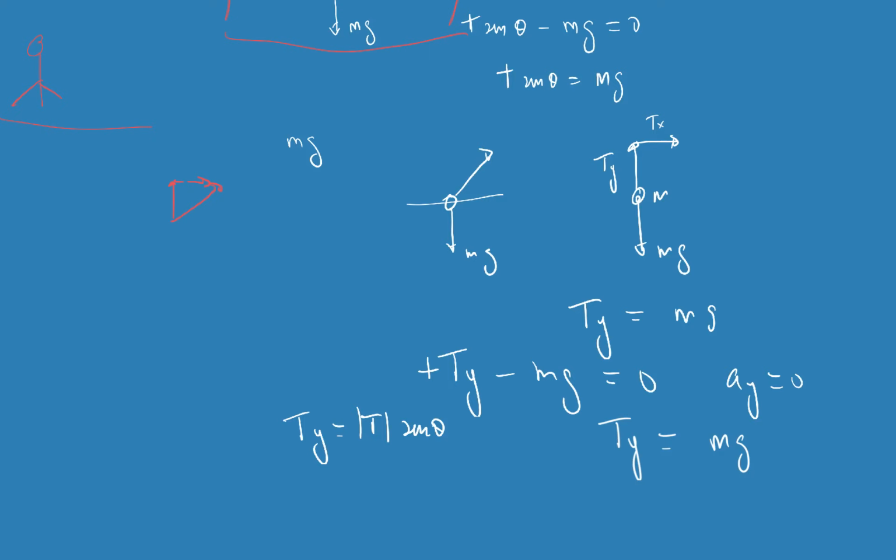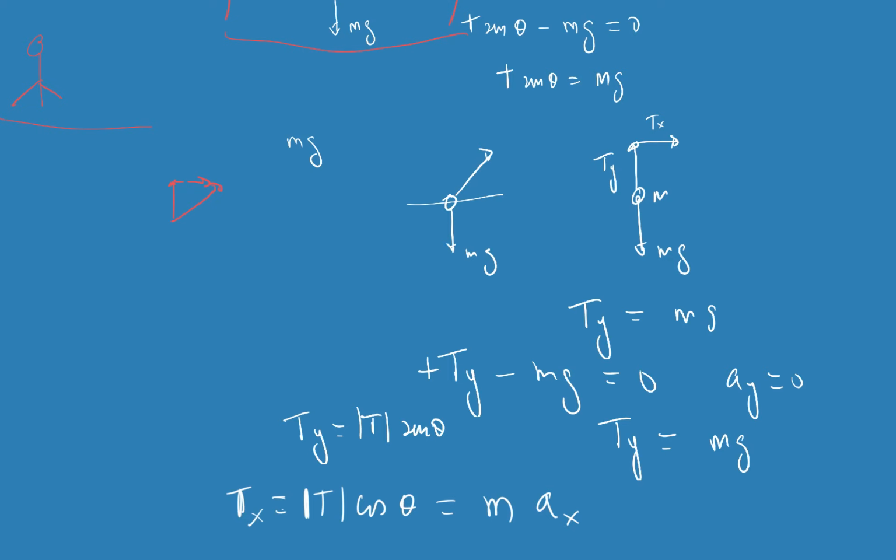Tx is this tension, the x component. So Tx exists, and Tx will be the magnitude of T by cosine of theta. And Tx will be m, the mass, by the acceleration in the x direction.